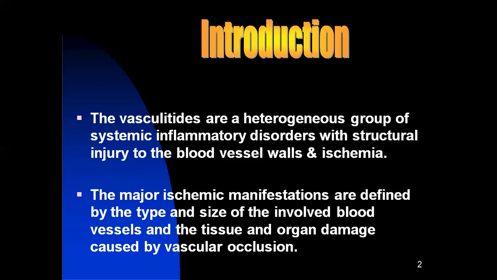The manifestation of ischemia will depend on the size of the vessel, and the size of the vessel will determine which part of the body it is supplying. So we'll have a classification of vasculitis based on the size of the vessel, so that we can differentiate what different types of vasculitis we have.